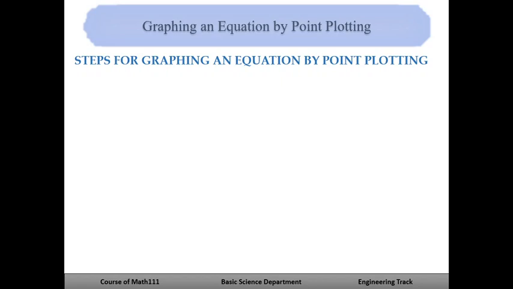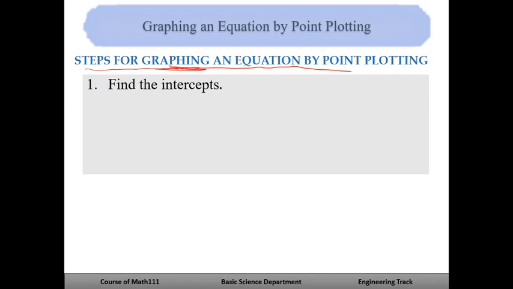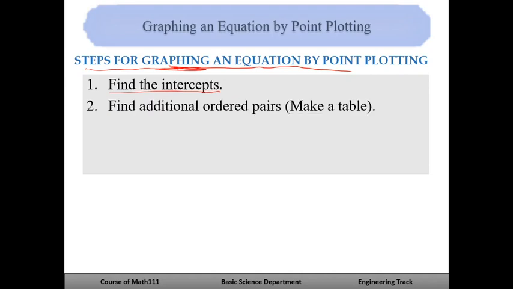Now we'll learn the steps. What are the steps for graphing an equation by point plotting? The first thing is, if there are intercepts, find them. Then you will find more ordered pairs on the graph. So it means you are looking for other solutions.